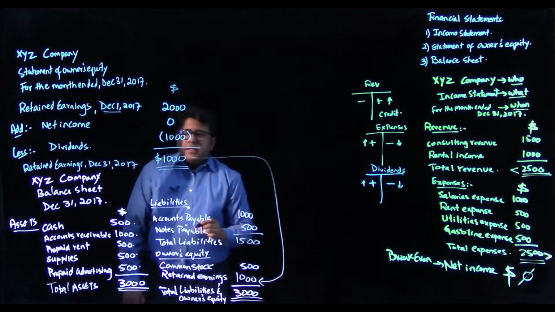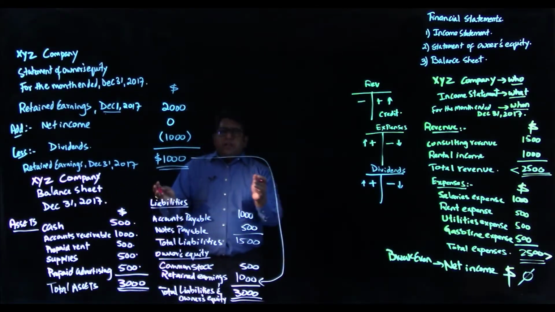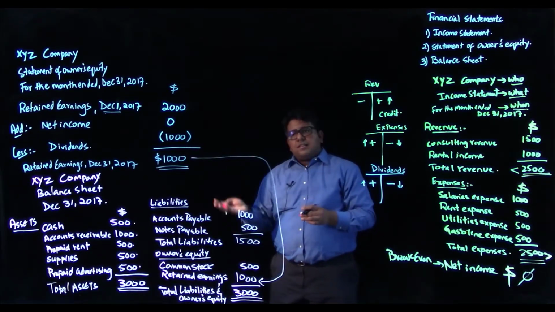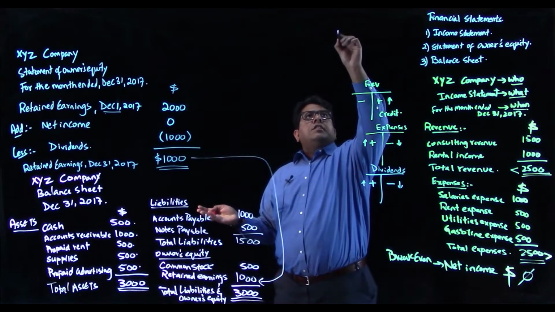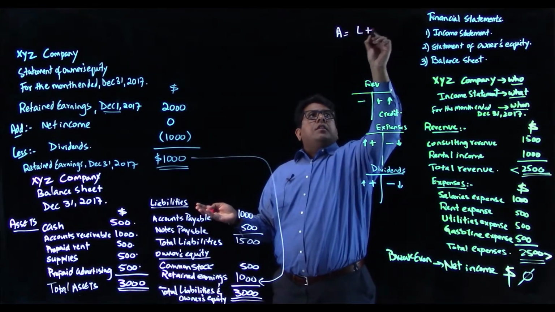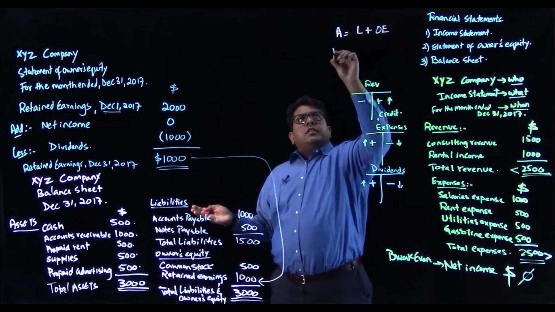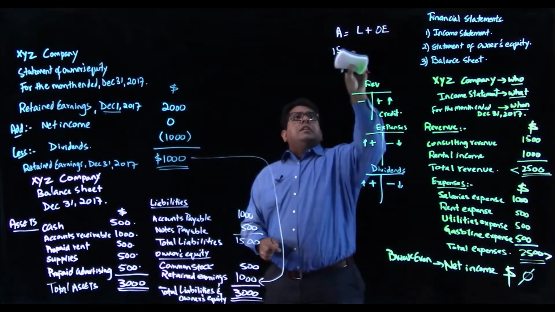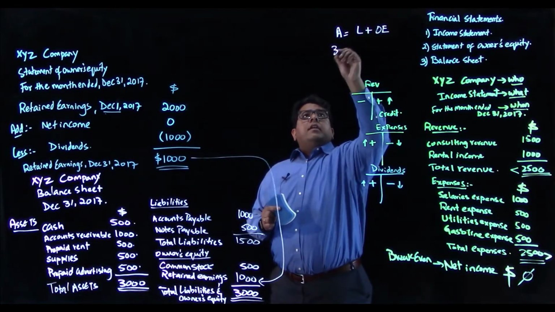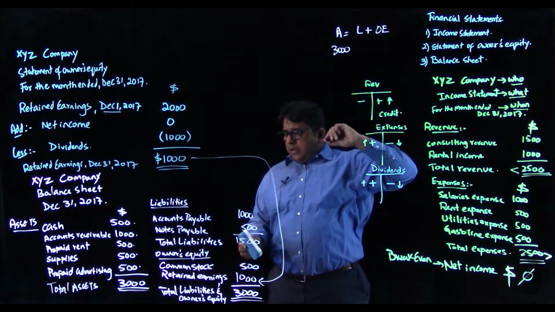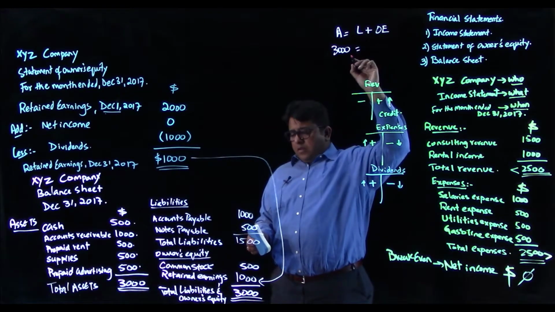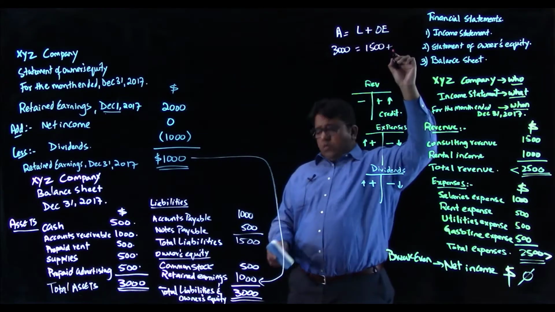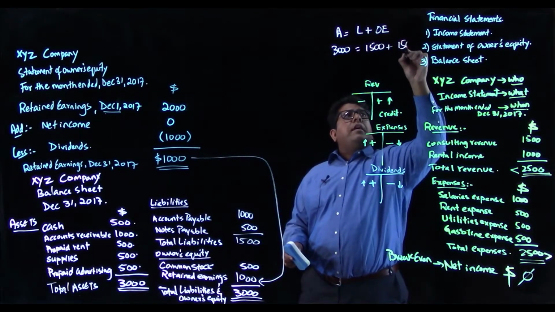which basically gives you the idea here, as you can see, that your left-hand side assets, because the accounting equation is assets equals liabilities plus owner's equity. Assets were how much? 3,000 right here, and your liabilities were 1,500 plus your owner's equity was 1,500.